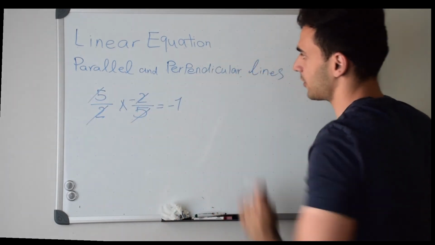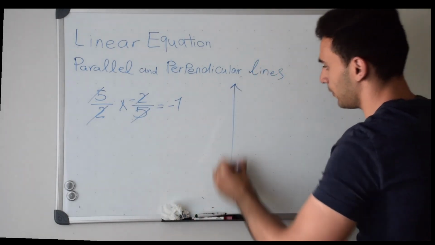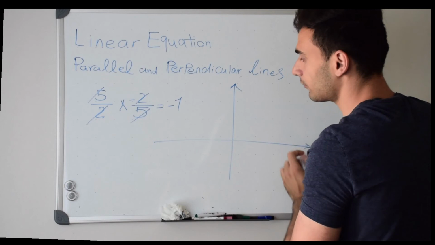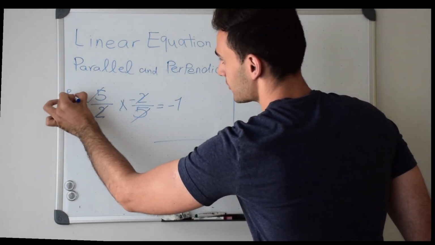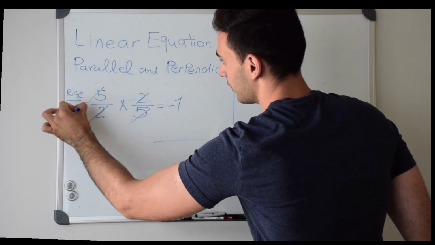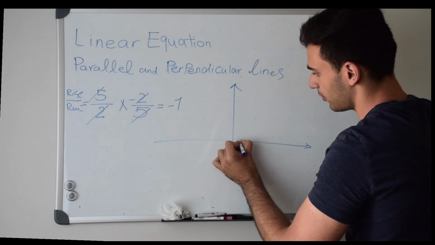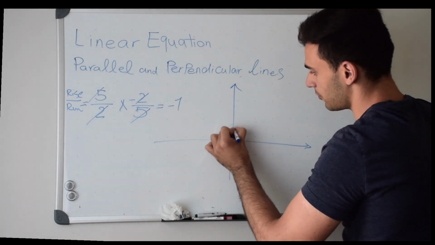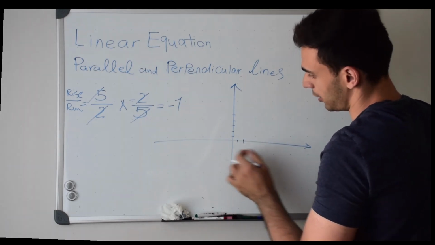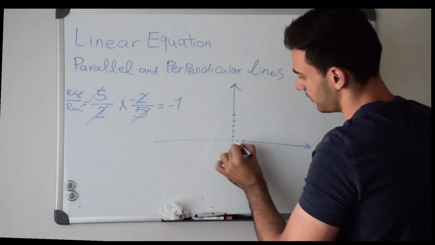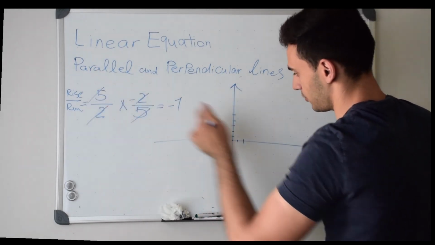So we know they are going to be perpendicular, but let's see how it looks when we draw them. For the first line, 5 over 2, again rise over run: 1, 2, 3, 4, 5, over 2: 1, 2. I'm going to start from this point, (0, 0), and then draw the line, rise over run, 5 over 2.